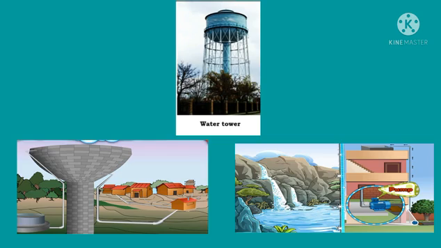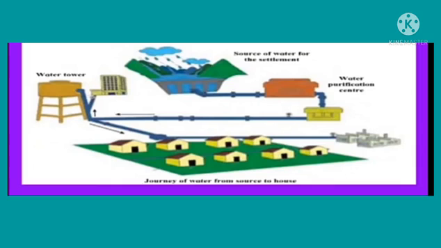But before electricity was discovered, it was not possible to raise water to very great height. But electric pumps can help us to do that. Hence, water can be filled in tanks at a height, that is water towers, and supplied from there to towns and cities.